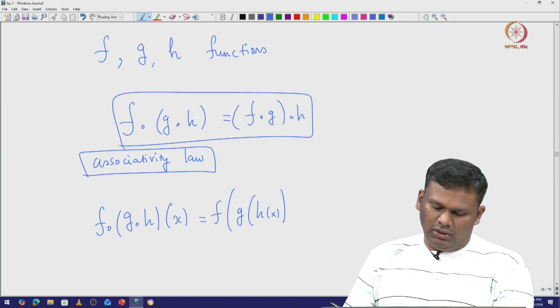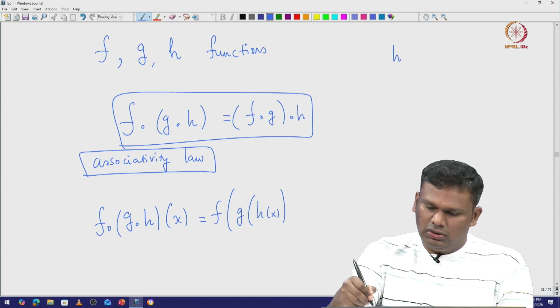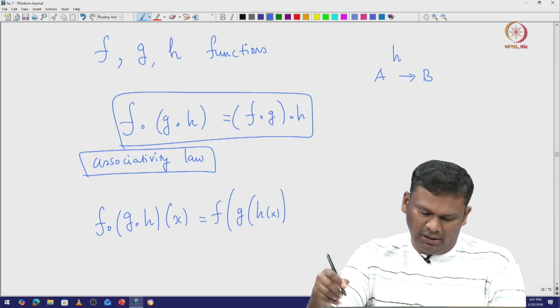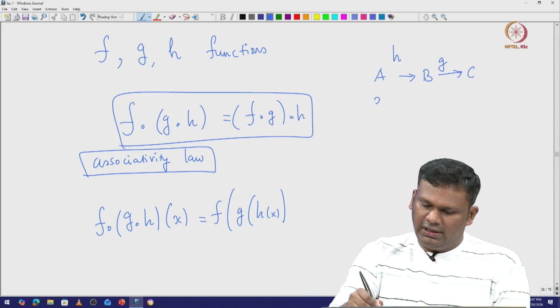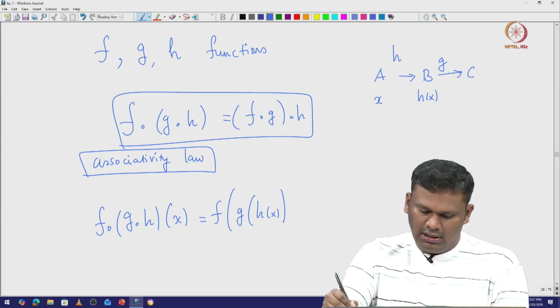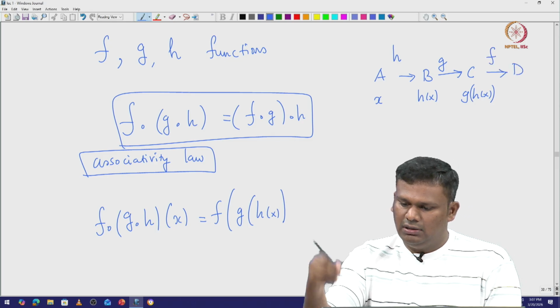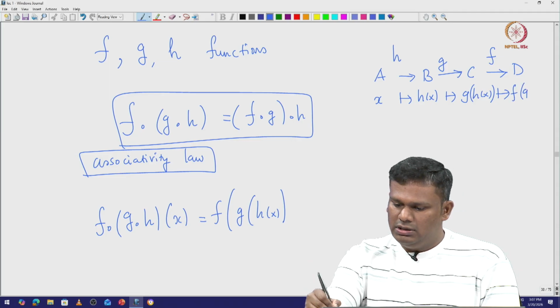The domain of h, let us call it h from A to B. The codomain of h should be the domain of g, so g goes from B to C. You start with x here, then h of x is here, then g of h of x is here in C. Then you have f, defined from C to D, giving f of g of h of x.